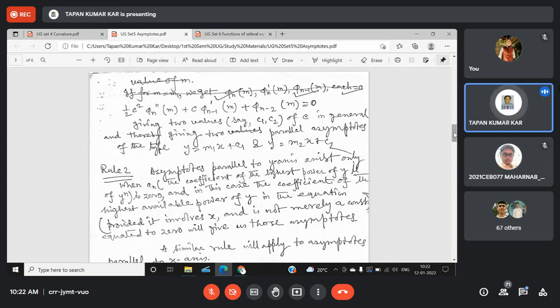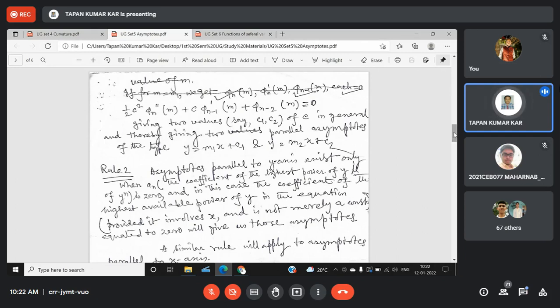Highest available power means if y square is present, take the coefficient of y square. If the highest power is y, take the coefficient of y. That set equal to 0 will give you the asymptotes parallel to the y-axis. But remember that if that coefficient is constant, then you cannot set it.